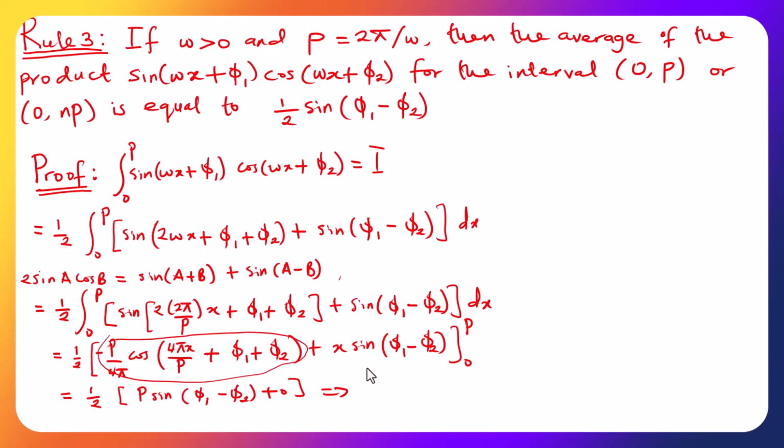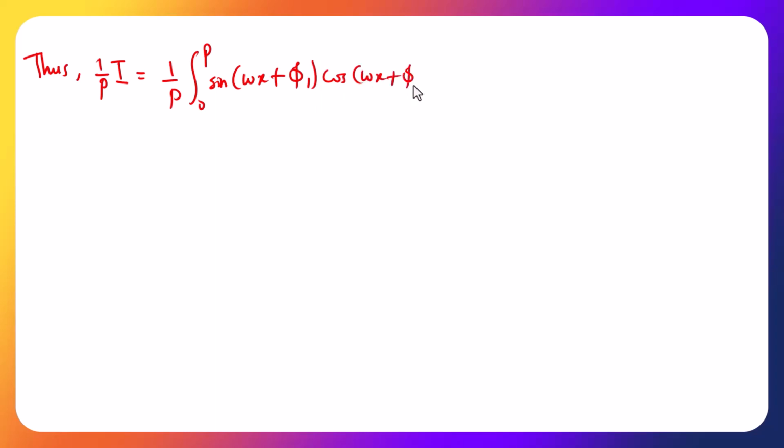So we can then write that, thus, 1 over p I is equal to 1 over p integral from 0 to p of sine of omega x plus phi 1 cos omega x plus phi 2, and this is the same as 1 over 2 sine of phi 1 minus phi 2.